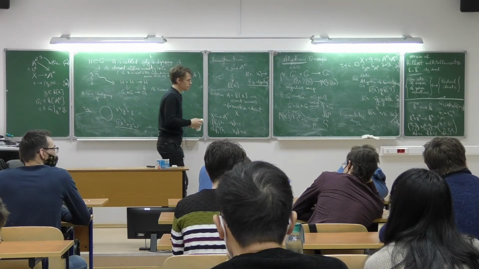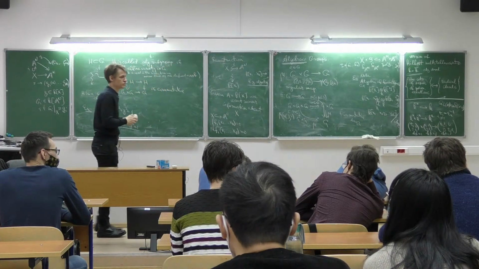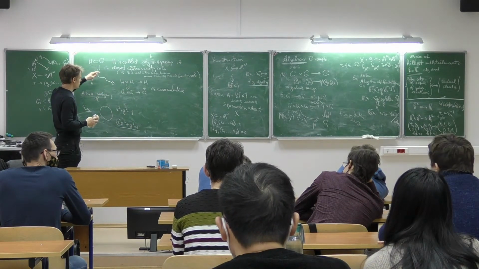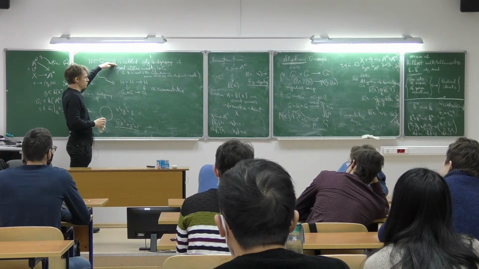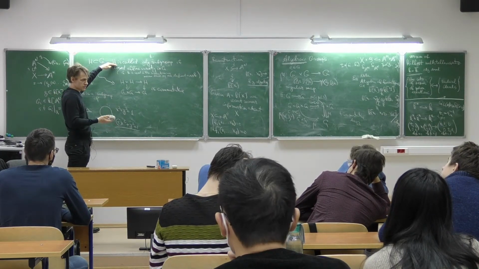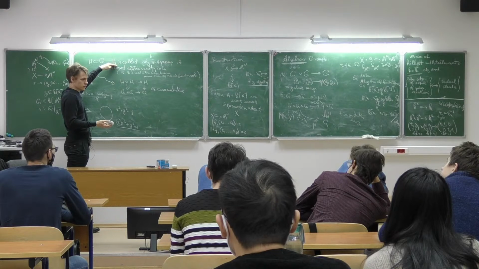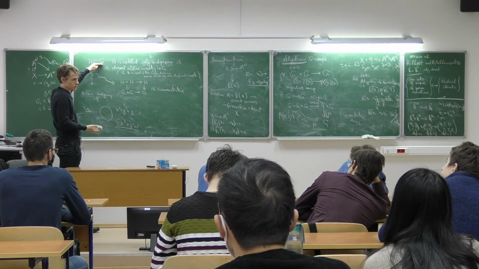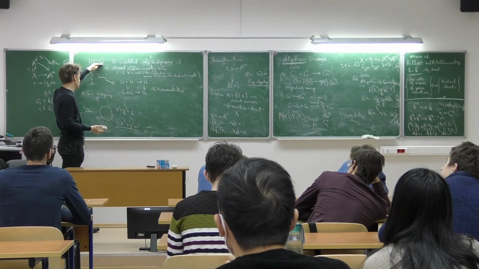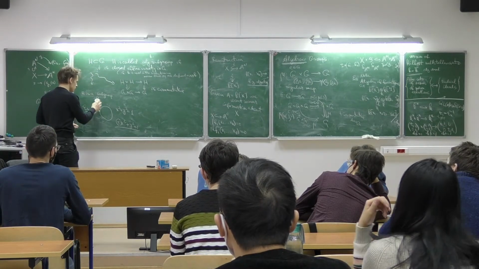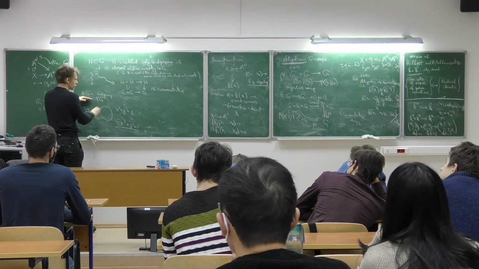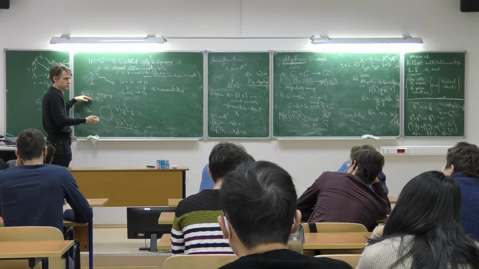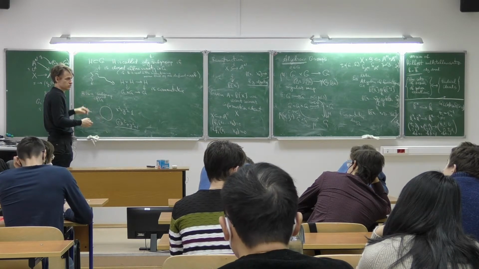Could you say once again the two definitions of algebraic subgroup? First of all, it should be an affine subvariety of G, and second, you should have consistency with the group structure. One way to state it is to state that H is a subgroup of G, set theoretically.